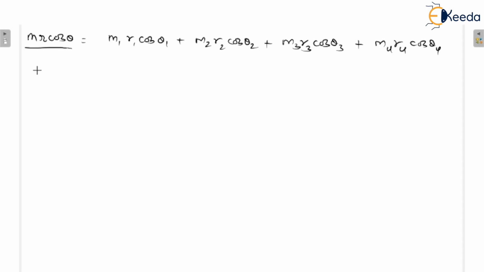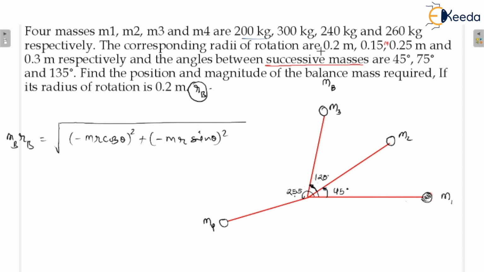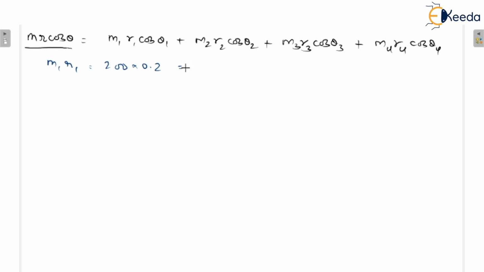We can calculate M1R1, M2R2 separately in order to minimize calculation error. That's why I'm calculating M1R1 separately. You have to multiply M1 and R1. M1 is 200 and R1 is 0.2, as given in the question. So you will get 40 kilogram meter.